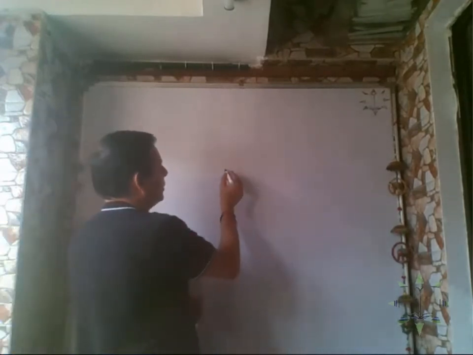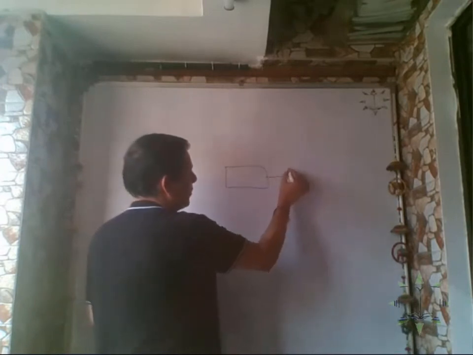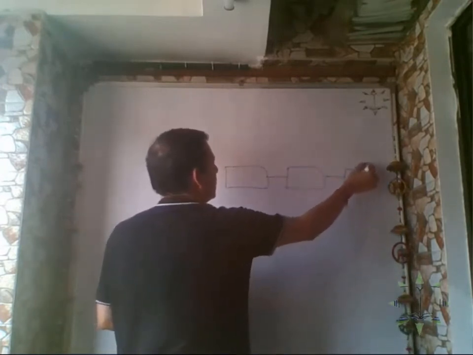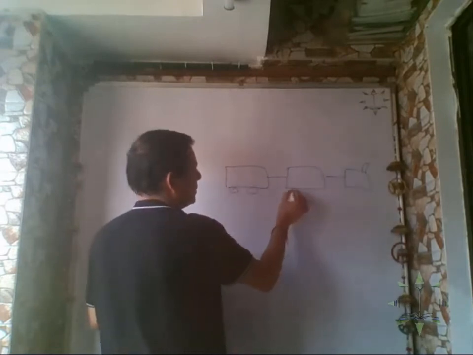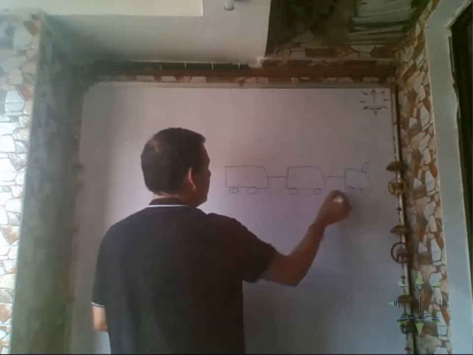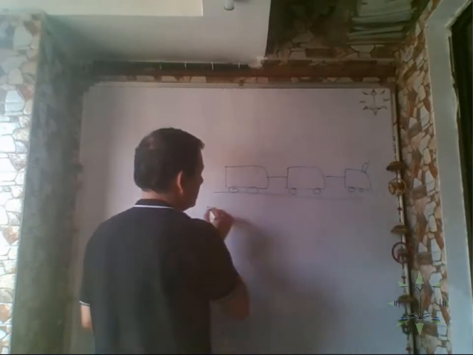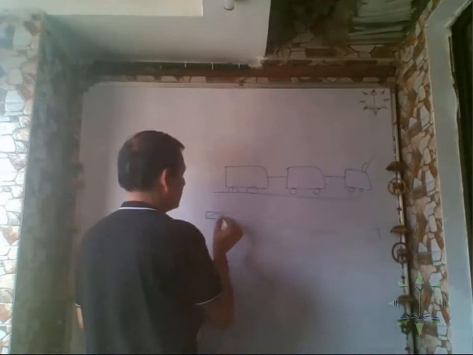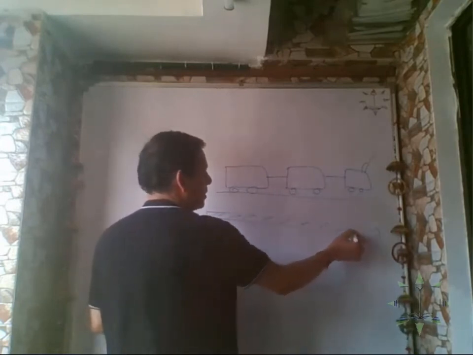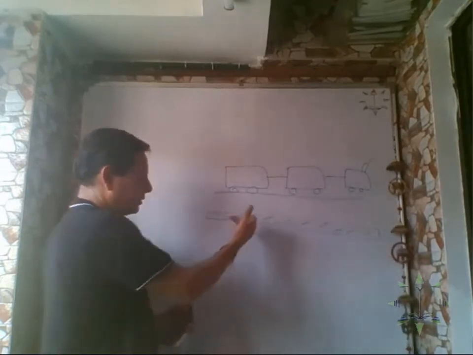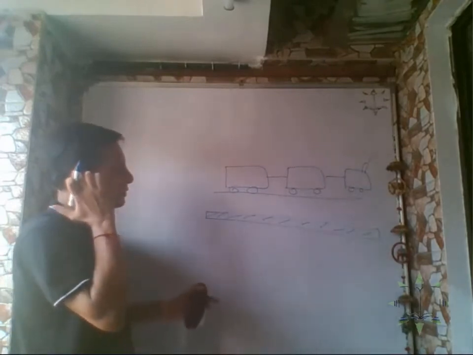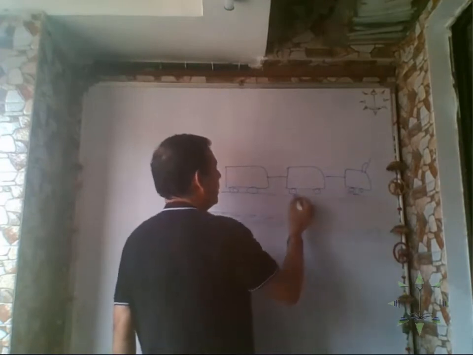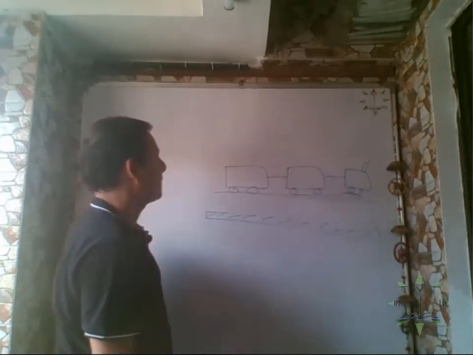One more example I can give you. Suppose this is a running train. Normally passengers are asked to stay far away from the running train. There is a yellow line marked on the platform, you may have seen. Passengers are asked to stand away from this yellow line. Why is it so?